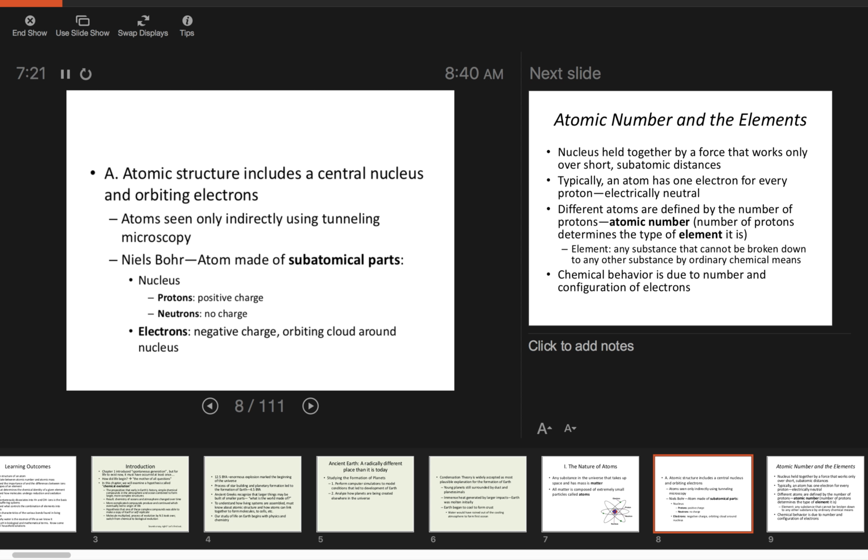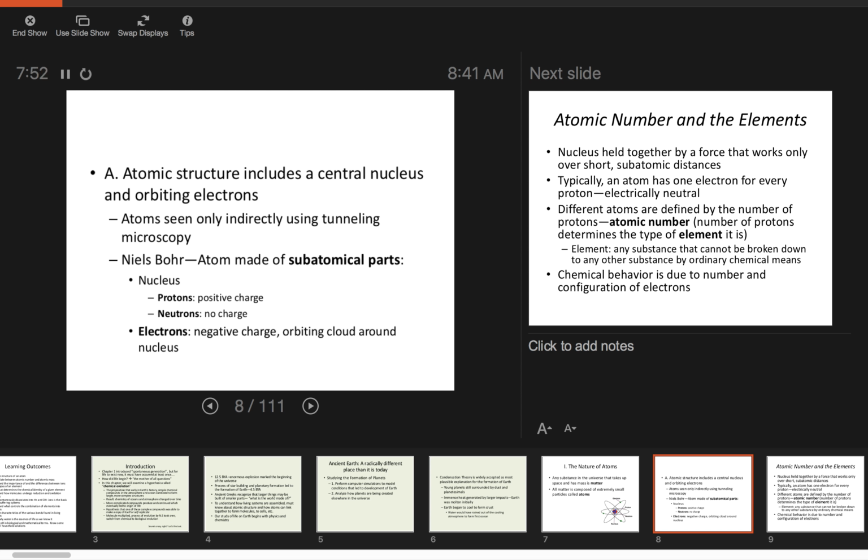We haven't really seen an atom with our naked eye. We've seen it indirectly using scanning tunneling microscopy. Niels Bohr is kind of the guy responsible for discovering subatomic particles. The nucleus is made up of protons that have a positive charge, and neutrons have no charge, because neutron sounds like neutral. Electrons have the negative charge, and again, they are outside of the nucleus, orbiting.